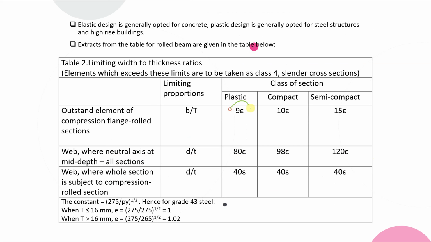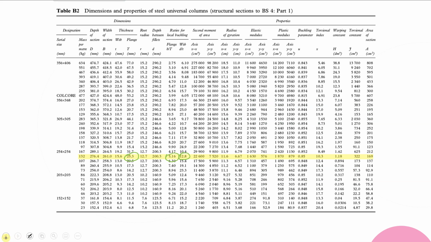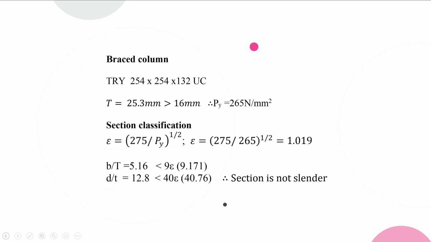Look at the one above here, just make sure it is not slender, meaning it does not exceed this 15 times constant, and also check here so that it is not slender. When we check the exact values, it is less than 9 times constant and less than 40 times constant. Which means it is not slender.